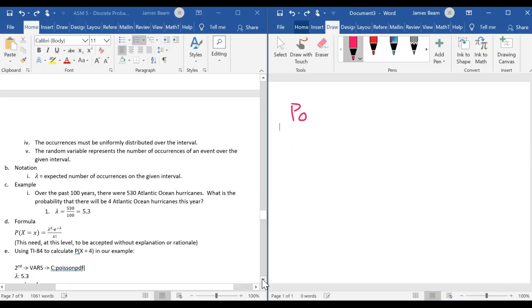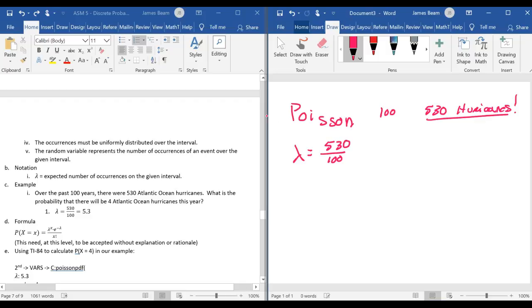I have an example here where we're going to say in the Atlantic Ocean, in the past 100 years, there have been 530 hurricanes. Woohoo. Which means that we should expect 530 over 100, or 5.3 hurricanes per year in the Atlantic.